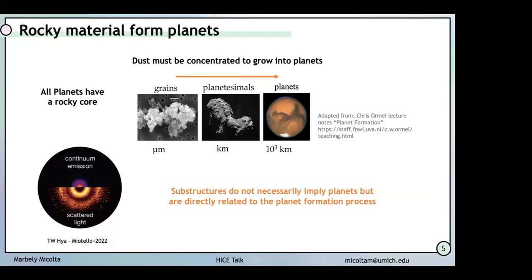But as a community, we always point out substructures. Substructures don't necessarily mean there is a planet, but we know substructures are directly involved with planet formation processes. Whether it happened first or after the planet formed, it is a way that dust gets accumulated, and by that it will promote dust to be concentrated and potentially form these planetesimals.